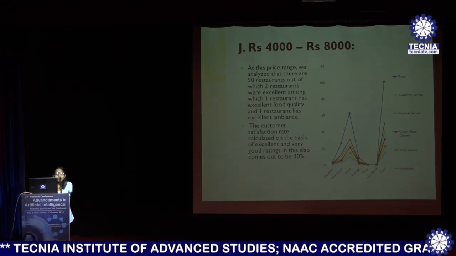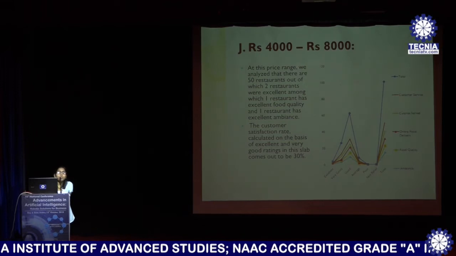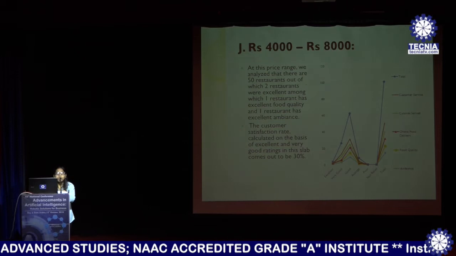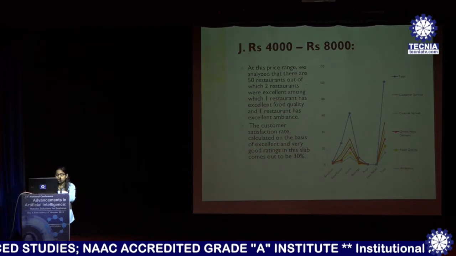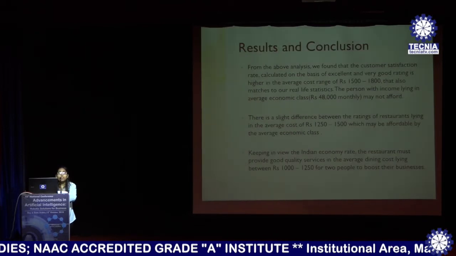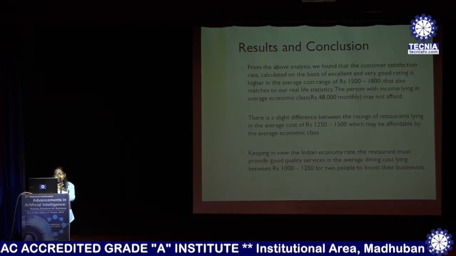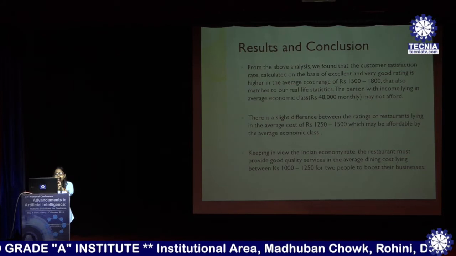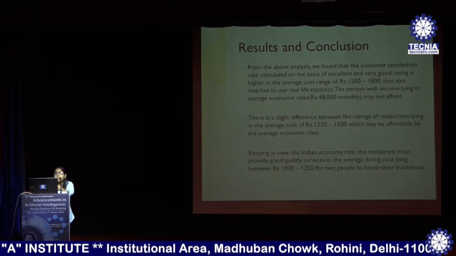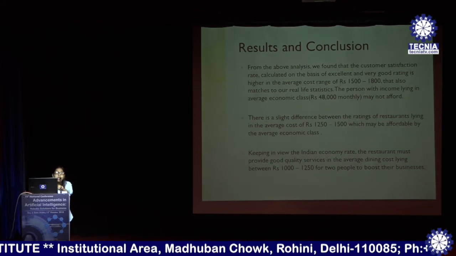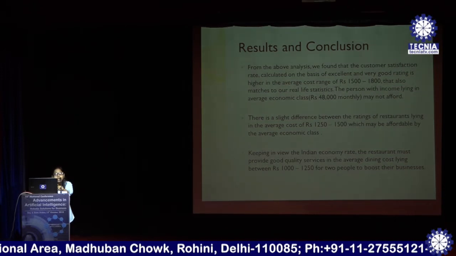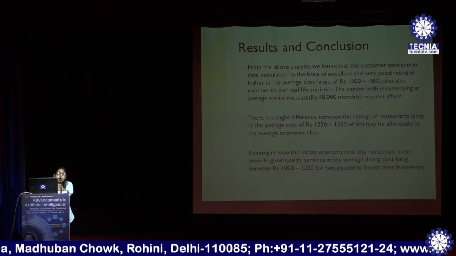Rupees 4,000 to rupees 8,000, where most of the expensive restaurants are available, provides only 30% customer satisfaction rate. From the above analysis, I have found that the excellent and very good rating customer satisfaction rate is at a maximum of 38.39% for the price range of rupees 1,500 to rupees 1,800.